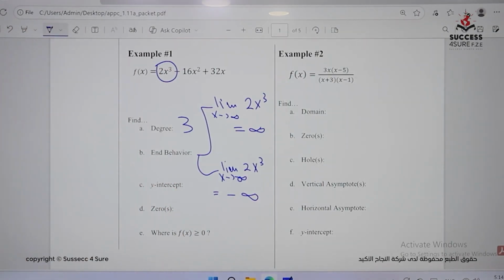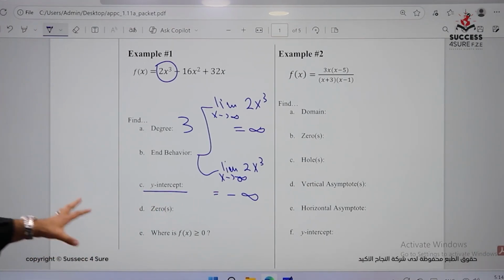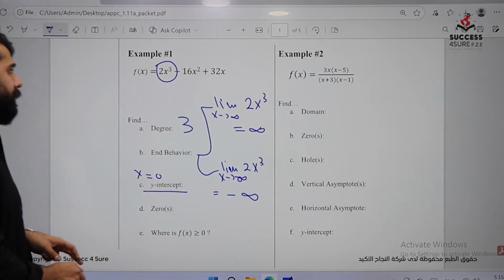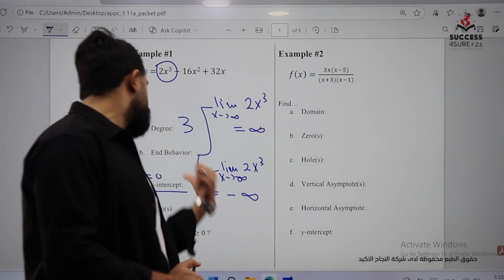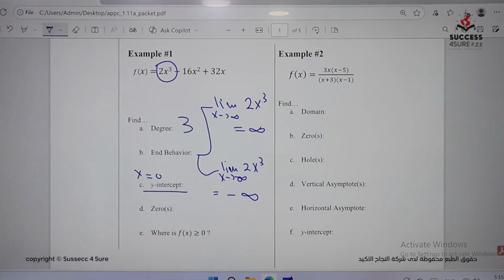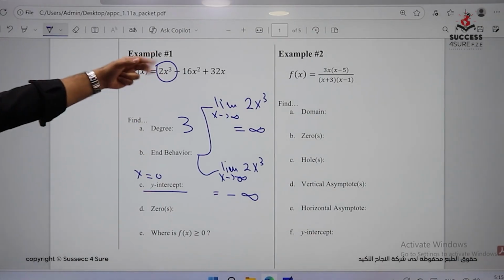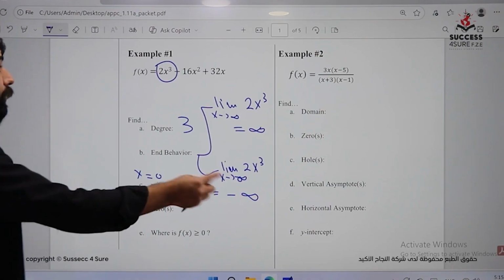Now, in C, we need to find the y-intercept. We said in order to find the y-intercept, you need to make x equal 0. Y-intercept means x equals 0, x-intercept means y equals 0. Now, just replace x with 0: 2 times 0 cubed, minus 16 times 0 squared, plus 32 times 0, that gives you 0 at the end.